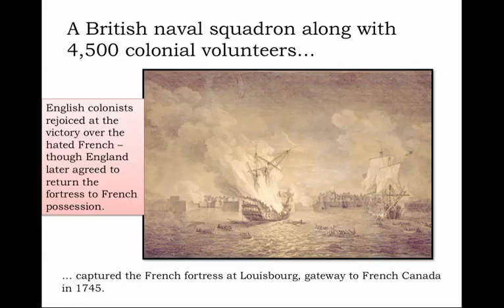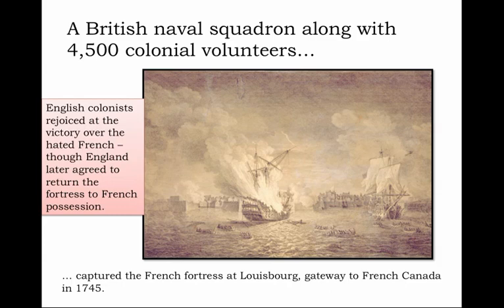A British naval squadron, along with 4,500 colonial volunteers, had some years earlier succeeded in capturing the French fortress at Louisbourg, which was a fortress on the St. Lawrence Seaway, the gateway, you might say, to French Canada from the Atlantic Ocean. This attack by the British, along with their colonial supporters, many of them New England farm boys, militiamen, in 1745, cemented those ties to the British Empire.